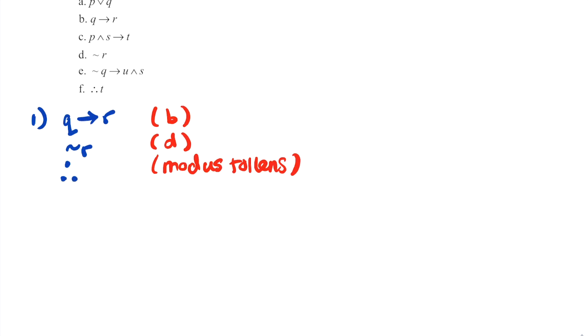Good. Therefore, not Q, right? You negate that second premise, the minor premise, then your major premise would be not true. Okay, so now we've established not Q.